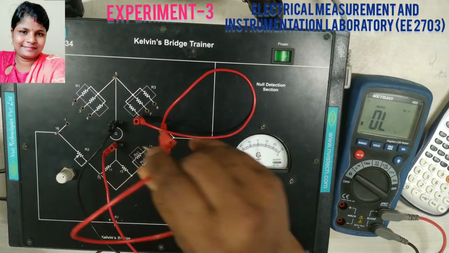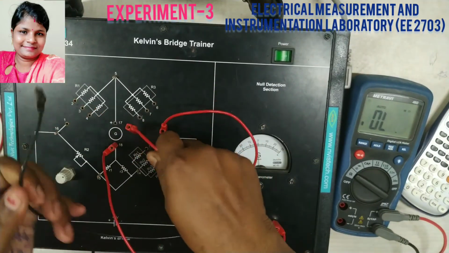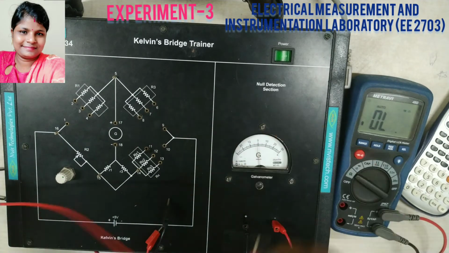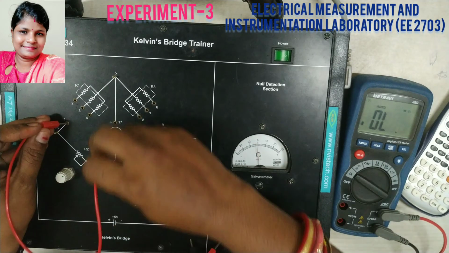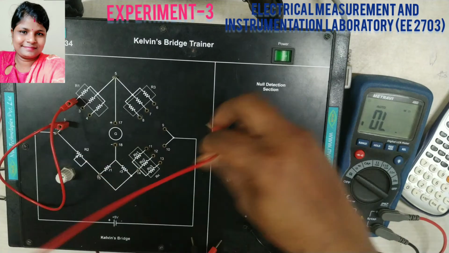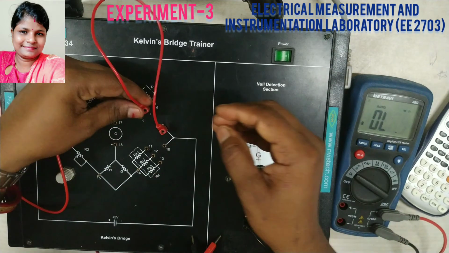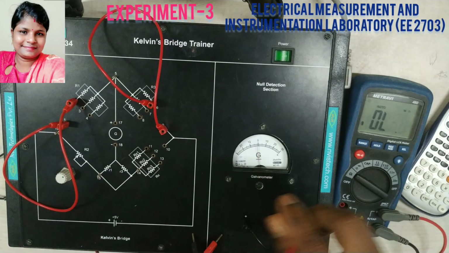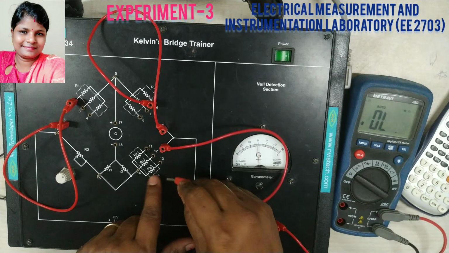So disconnect the patch cords and connect the patch cord between 1 to 2, 9 to 6. Take another patch cord, connect between 10 to 13 for Rx3.